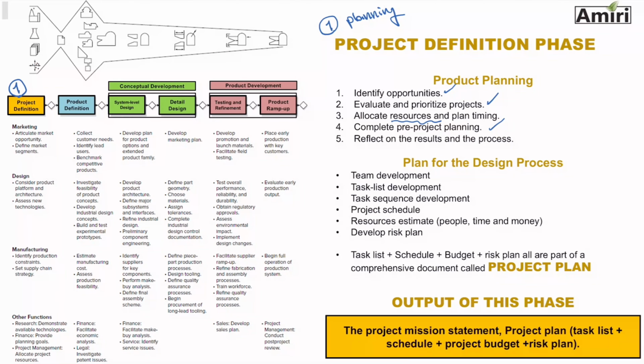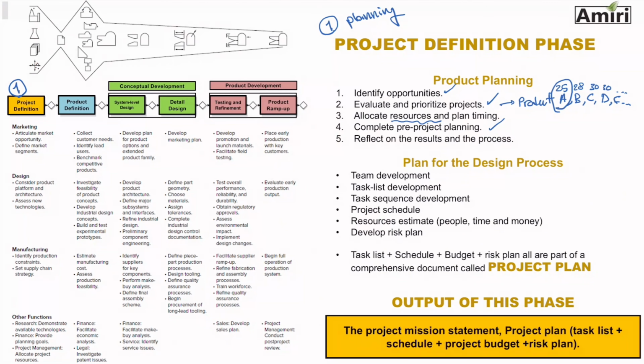You develop a mission statement. After that phase, you start planning for the process of whichever product you want to develop. So as a result of this, you might have products A, B, C, D, E, and so on. This one is going to be year 25. This is going to be 28. Both of these are going to be released in year 30, and so on.